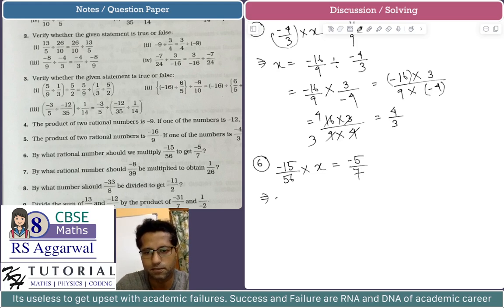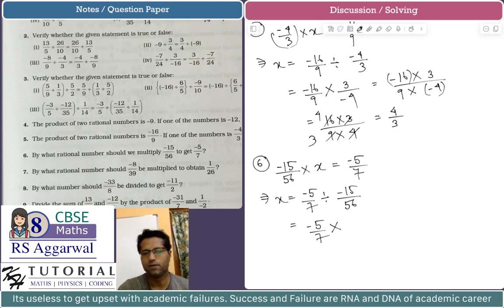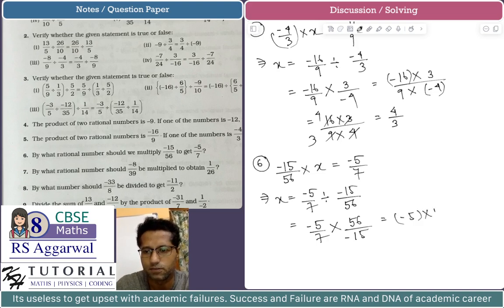So this implies X is equal to minus 5 by 7 divided by minus 15 by 56. This is equal to minus 5 by 7 multiplied by the multiplicative inverse of minus 15 by 56, which is 56 by minus 15. This is equal to minus 5 multiplied by 56 divided by 7 into minus 15.